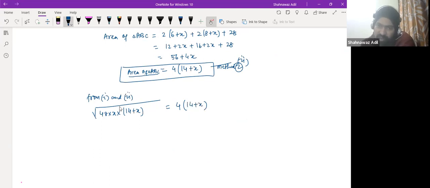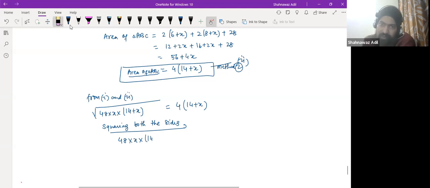Right, now this is under a root, so what should we do? We should square both the sides. Right, so we will square both the sides. And what we will get? So the root will vanish, and this is 48 into x into 14 plus x, and this is 4 into 4 into 14 plus x, and 14 plus x.